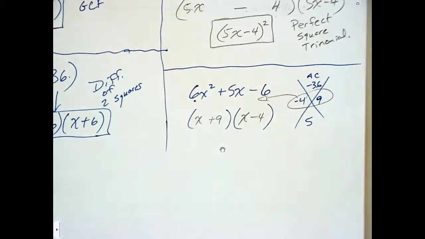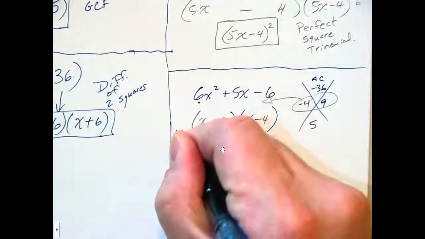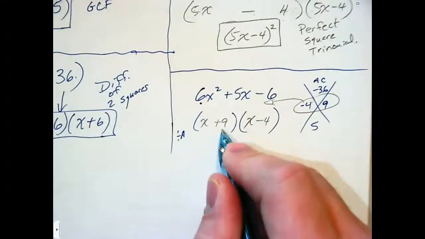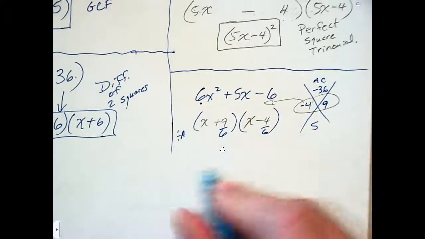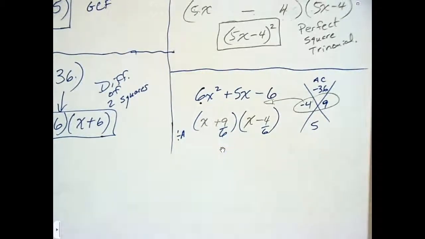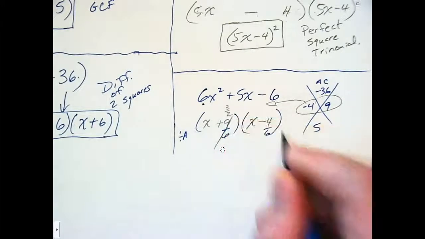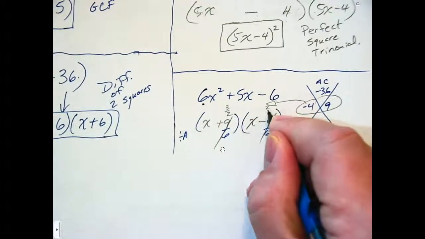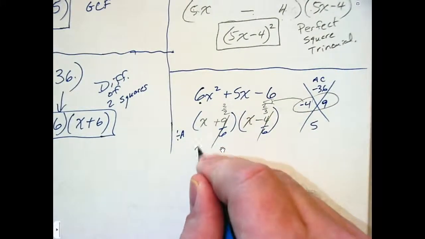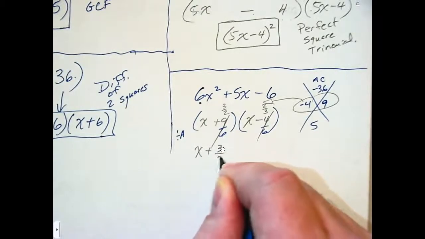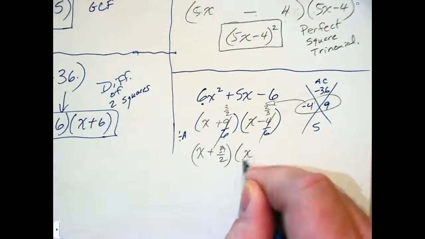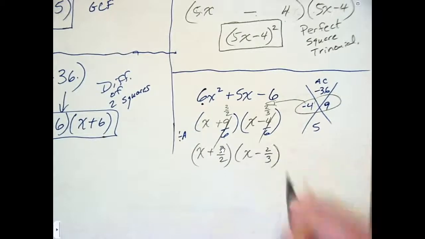And then the one thing that some of us would forget sometimes is to divide by a. Make sure you do that. So divide by 6, and reduce. So 9 sixths reduces to 3 halves. 4 sixths reduces to 2 thirds. So you end up with x plus 3 halves and x minus 2 thirds.